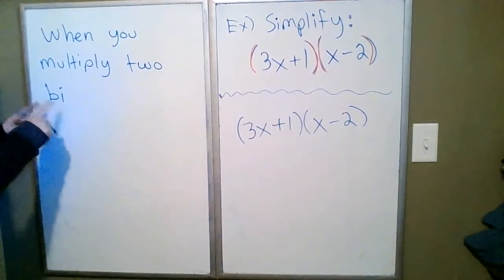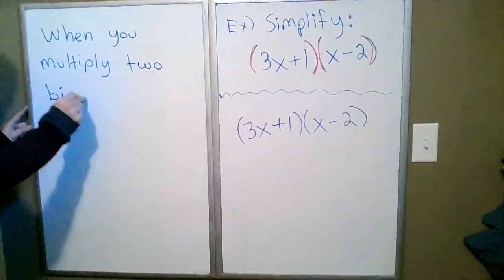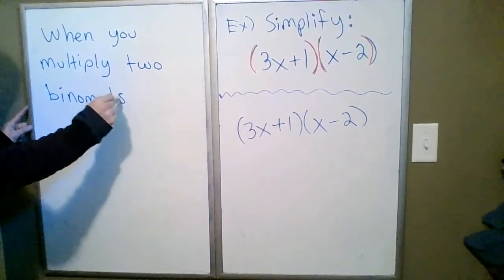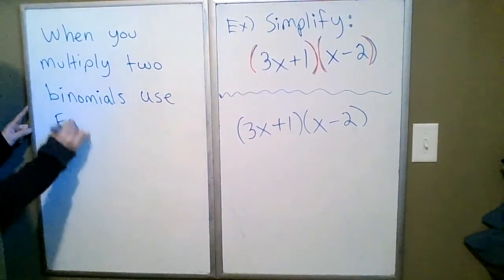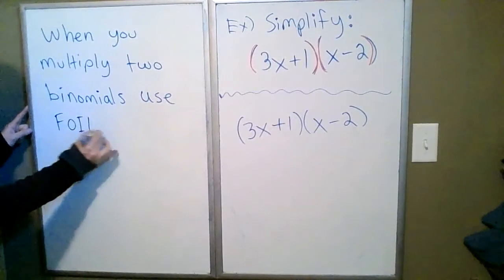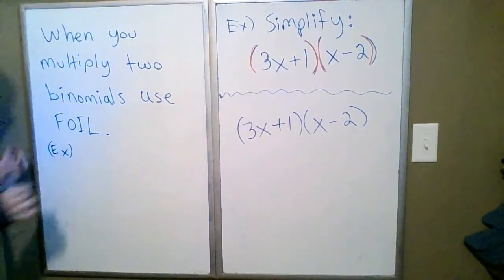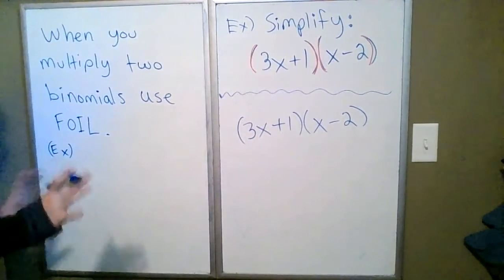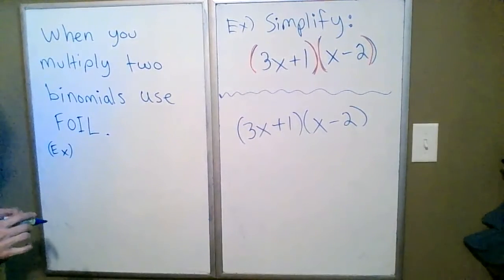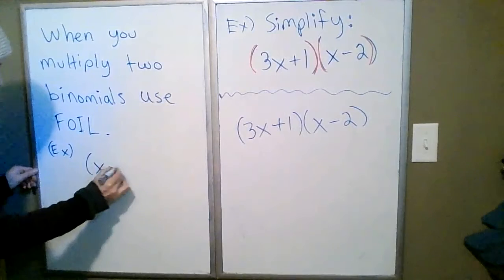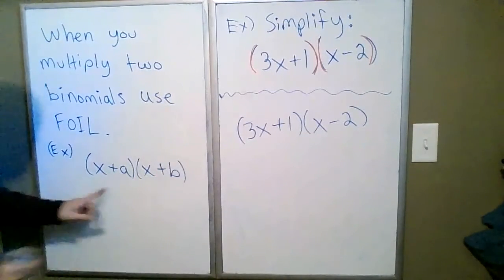Bi stands for two terms in your polynomial, so it is a binomial. Okay, just a little side, a general expression. If you see x plus a times x plus b, I mean, they don't have to match.